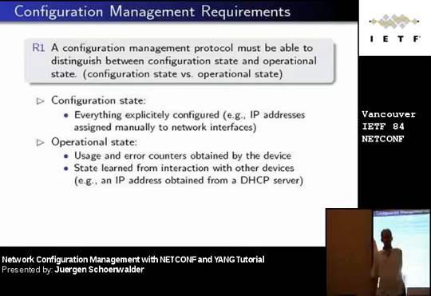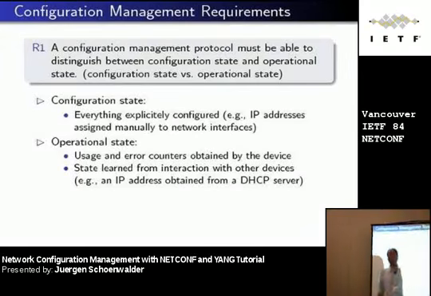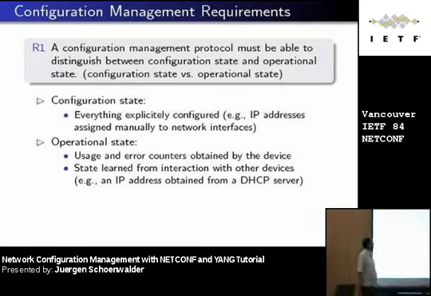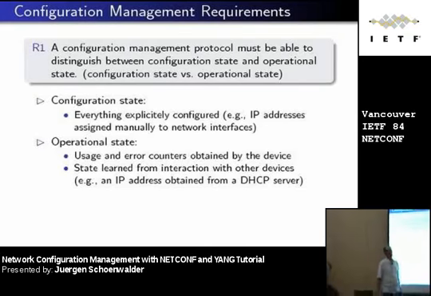The first requirement says the configuration management protocol must be able to distinguish between configuration state and operational state. It's funny that some people were surprised by this, but it's very essential that you know whether an IP address is there because it was statically configured to be there, or whether the IP address is there because, say, DHCP assigned it, so you may use this IP address for a while, but tomorrow you might not.